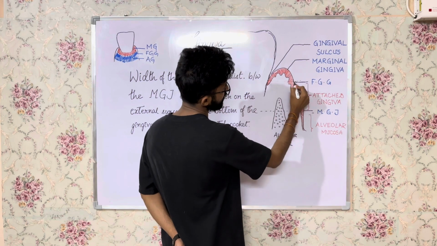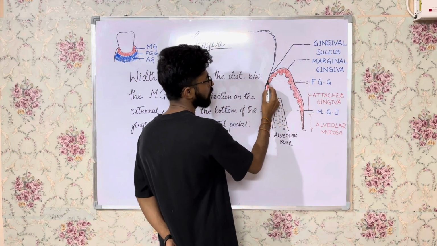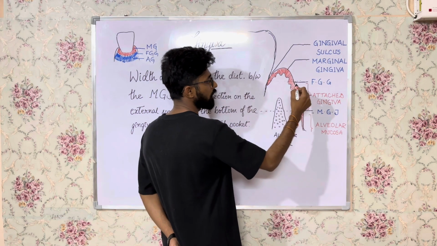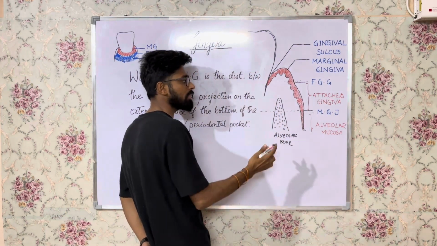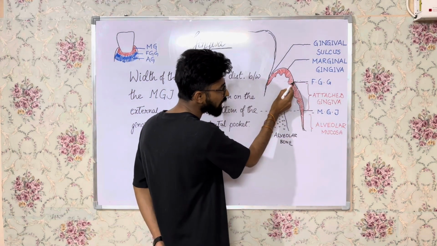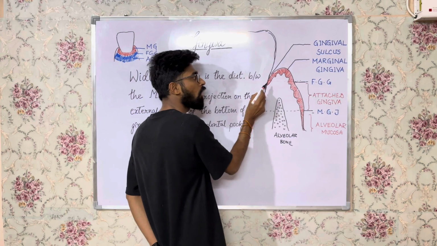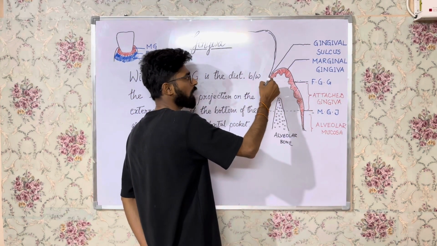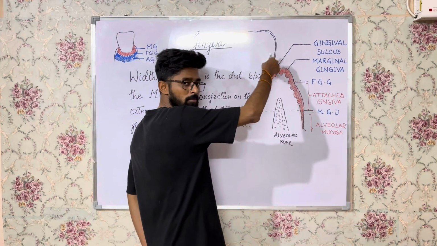So this is the external surface, and the bottom of the gingival sulcus reaches up to this point. So attached gingiva width is the distance between the mucogingival junction and the projection on the external surface of the bottom of the gingival sulcus, or if there is a pocket formation, the sulcus will be of more depth.